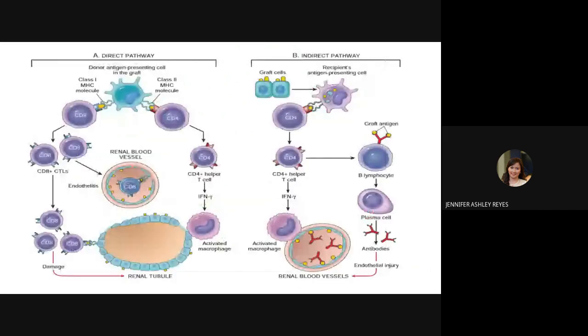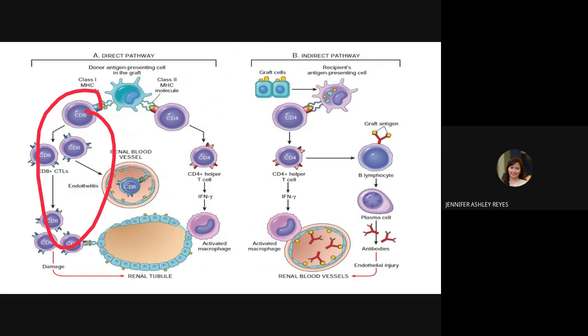So this is another illustration in terms of recognition of alloantigens in organ grafts. So yung direct pathway, the donor class 1 and class 2 MHC antigens on APCs in the graft will be recognized by our CD8 plus T cell. Ito.